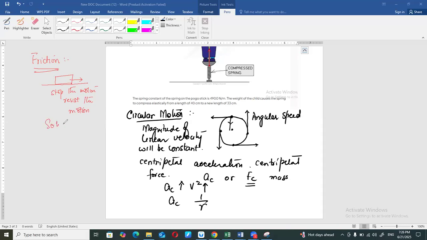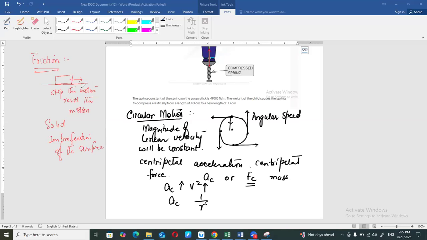In solids, we call it a friction force because it tries to stop the motion of an object. It is due to the imperfection of the surfaces.